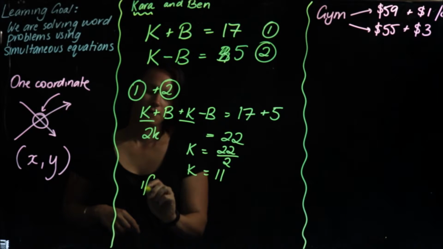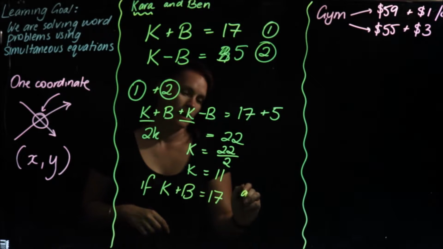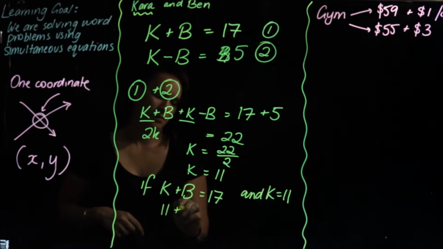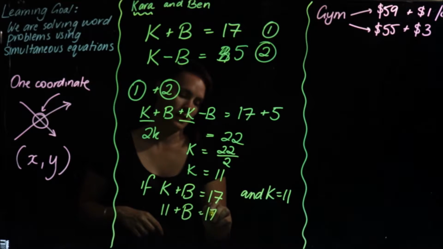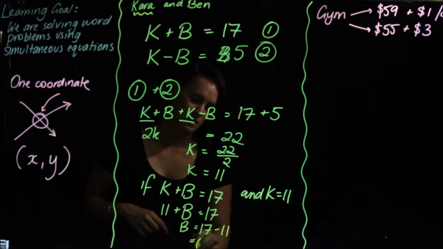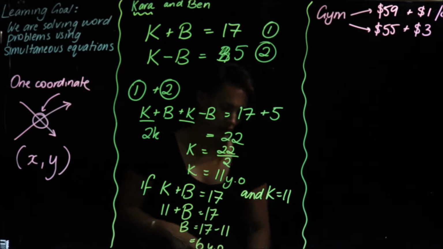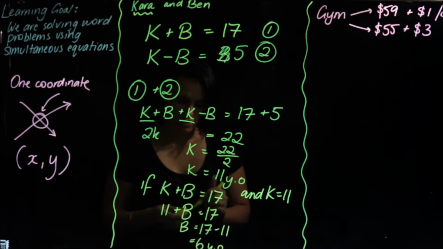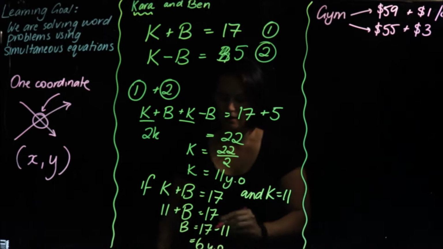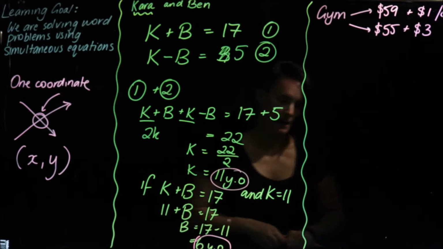So, if K plus B equals 17 and Cara is 11, then 11 plus Ben's age is 17, and we know Ben's age will equal 17 take 11, which is 6. So Ben is 6 years old and Cara is 11 years old. So you can see that we've had to use those two equations to find one answer, and these are our two ages. We can identify them now.